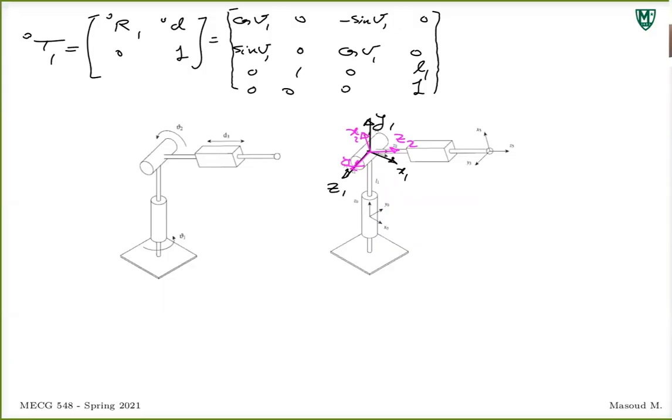You start from where x1, y1, z1 is. Remember, the original frame that you have to keep fixed is x1, y1, z1. And you start from there. You have to get into the frame drawn in magenta, x2, y2, z2.